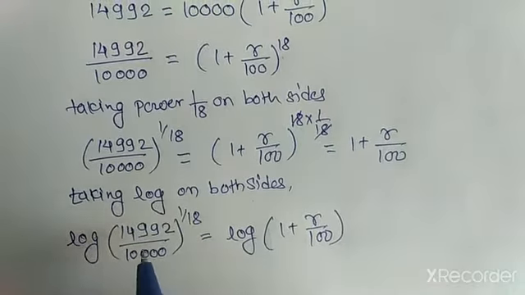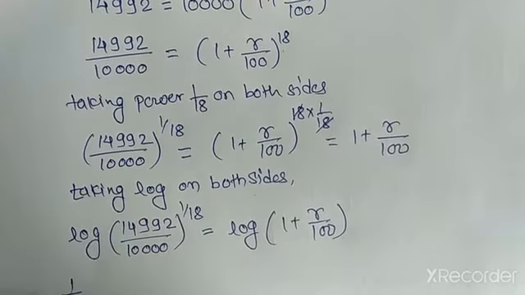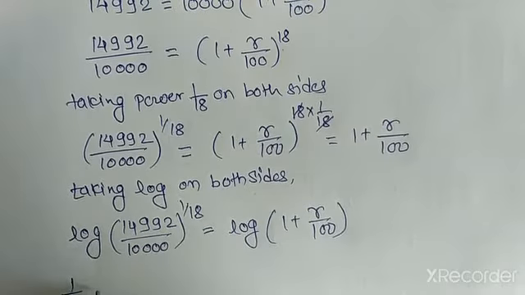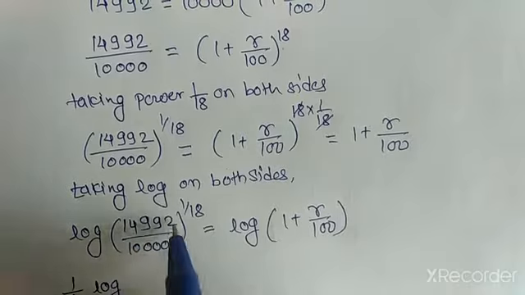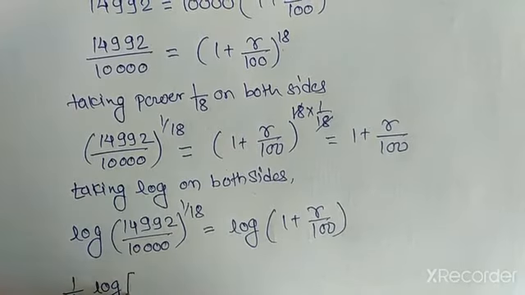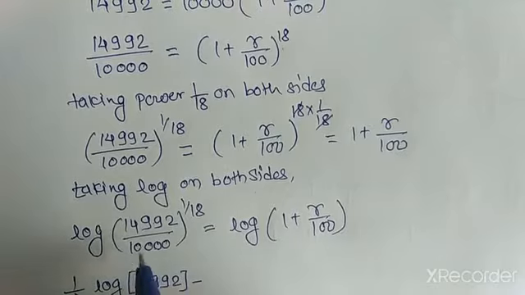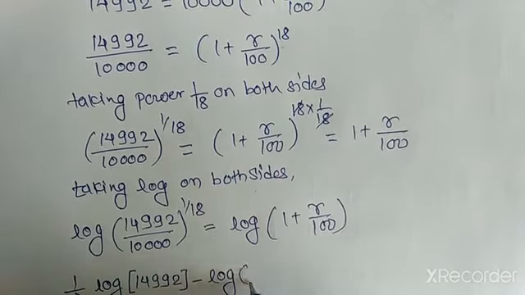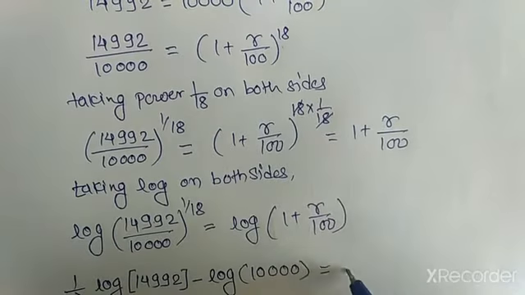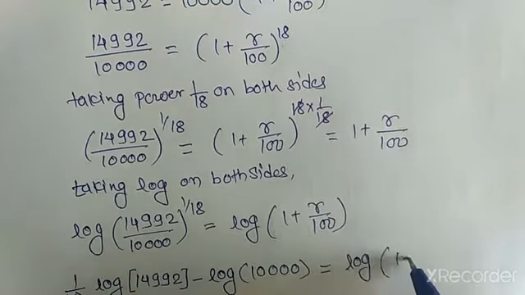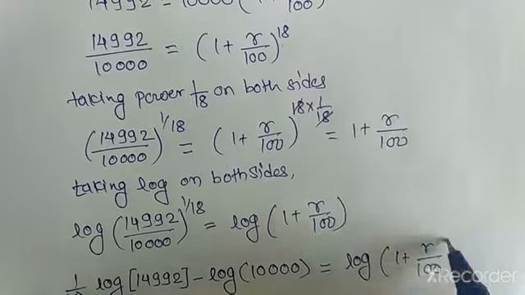So it will give us 1 upon 18 into log of 14,992 minus log of 10,000 is equal to, it will remain as it is, log of 1 plus R upon 100.